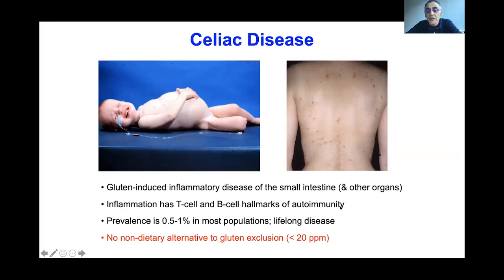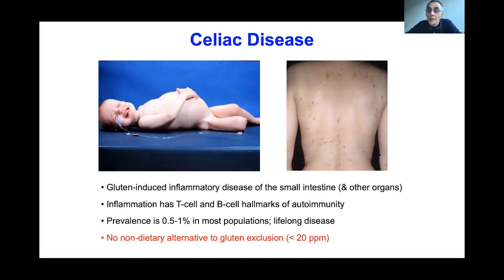It's an autoimmune disease like your favorite autoimmune diseases, whether you think of type 1 diabetes or multiple sclerosis or rheumatoid arthritis, in the sense that it has all the hallmarks of T cell and B cell induced inflammation. And it's a widespread disease.